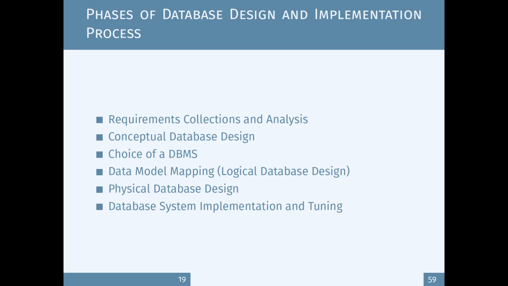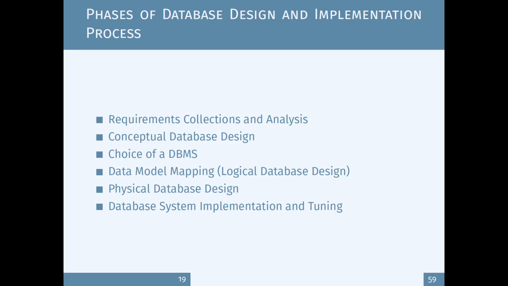Then we have physical database design. Physical database design means how the data will be stored inside the computer. You need to efficiently extract the data. So we have to focus on the storage details, storage structures, right? Things like indexes, transactions. I'll come to that again in detail in coming slides.